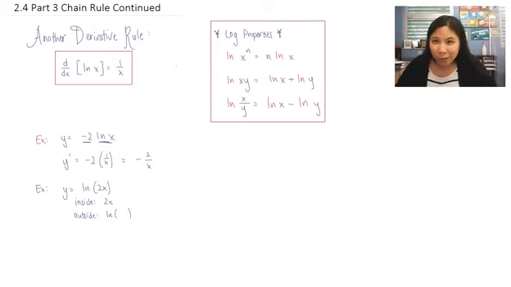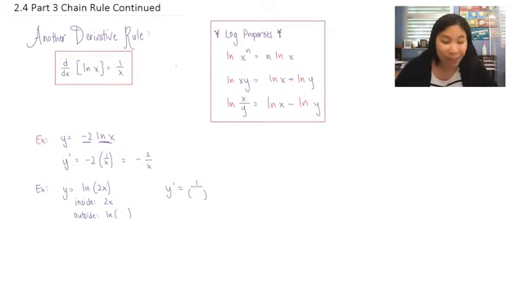So just a quick reminder, for chain rule, we are taking the derivative of the outside, leaving the stuff inside exactly the same, and multiplying it by the derivative of the inside. So in order to find my derivative of y here, y prime is going to be the derivative of the outside. So the outside was natural log of parentheses. So the derivative of natural log is 1 over whatever.